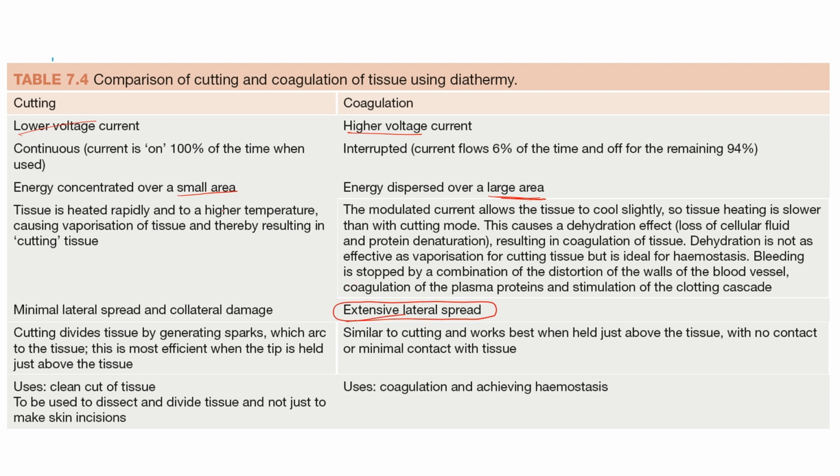The main principle of coagulation is the dehydration effect, where there is loss of cellular fluid and protein denaturation, which results in coagulation of tissue. Whereas here you have vaporization of tissue, because the tissue is heated rapidly to a very high temperature. So here it is vaporization of tissue, right?